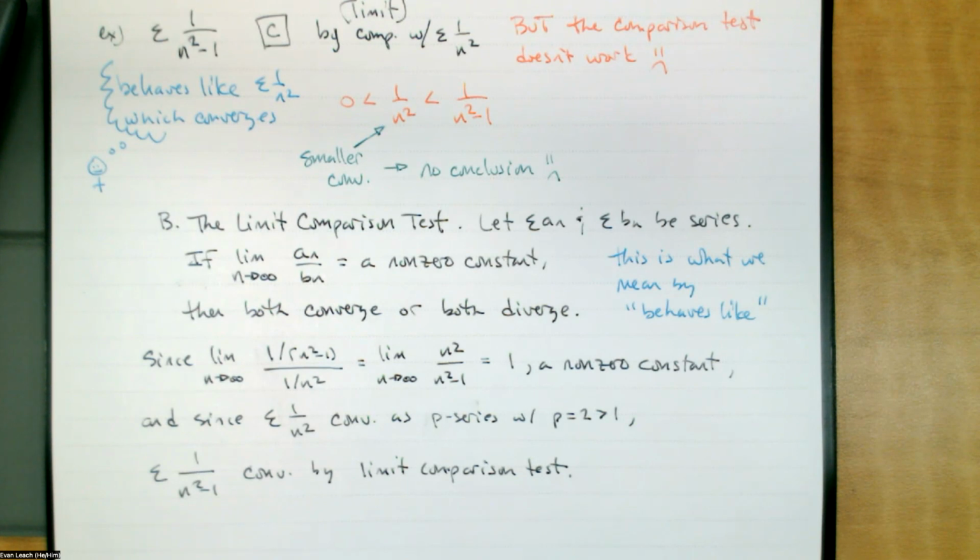Remember, this problem was done 10 minutes ago, when we looked at 1 over n squared minus 1 and said that converges. That's like a 1 over n squared. This is not exactly a p-series, but it's close enough to a p-series.